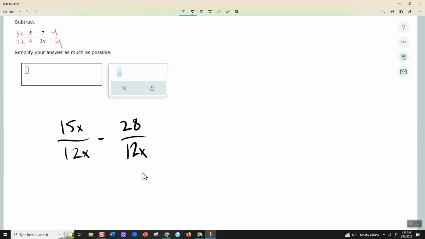Now that I have the common denominators here, I can just do the operation with the numerators. 15x minus 28. They are not like terms, so I'm just going to write it 15x minus 28 all over 12x. Is there a common factor here? It looks like there might be, and it's close. If 28 had a factor of 3 in it, then there would be a common factor of 3, but there is no common factor here.